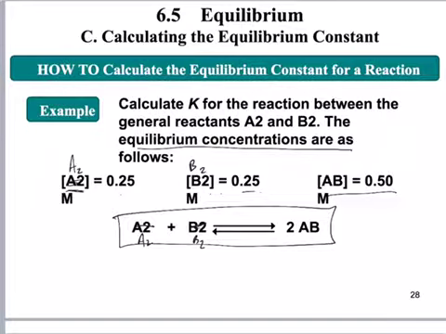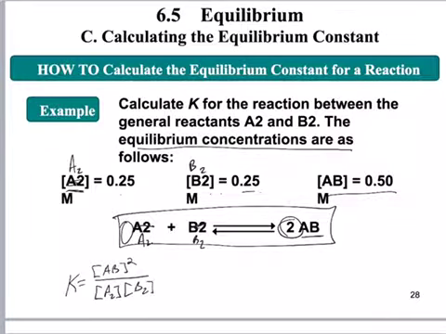The way we calculate K is first we have to write our equilibrium expression. K is equal to, so this is the products, AB, raised to the power 2, because its coefficient is 2, over A, raised to the coefficient of 1, and B, raised to the coefficient of 1. So there's our equilibrium expression. Now I just put in my concentrations.